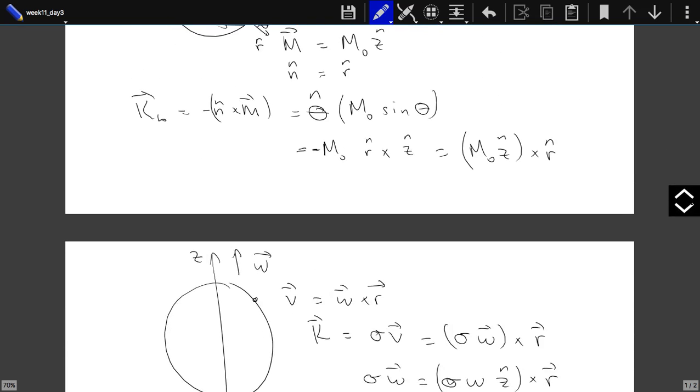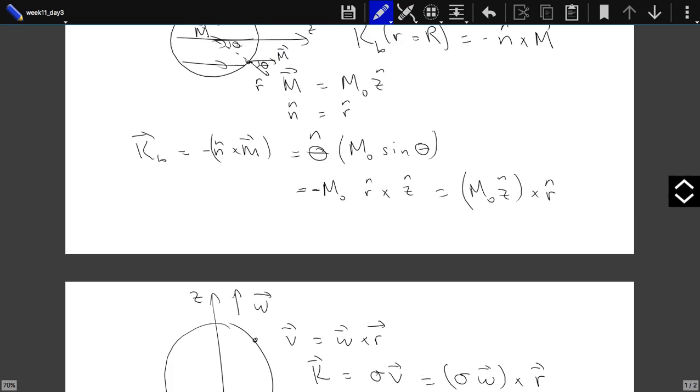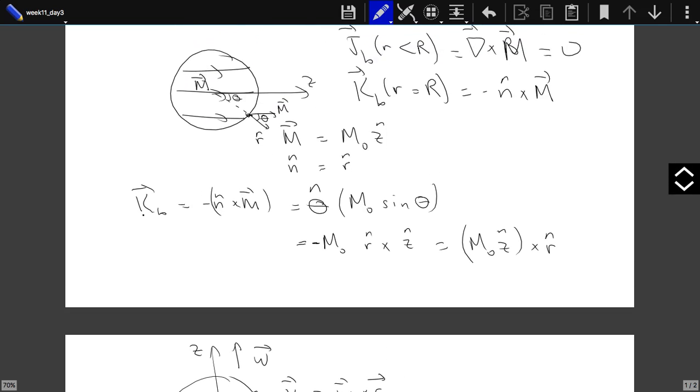And then we said that, okay, let's not repeat all the calculation. Well, we will repeat the calculation anyway in a moment. But we just said that, okay, there is this current density, but this current density is the same as the current density of a sphere that is uniformly charged on the surface and rotating with a frequency omega.